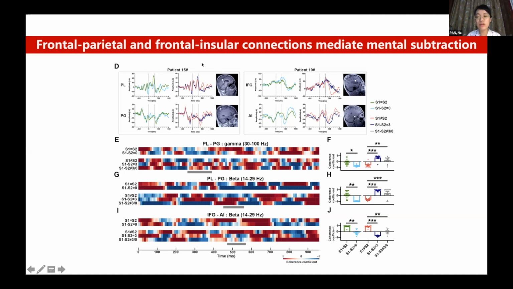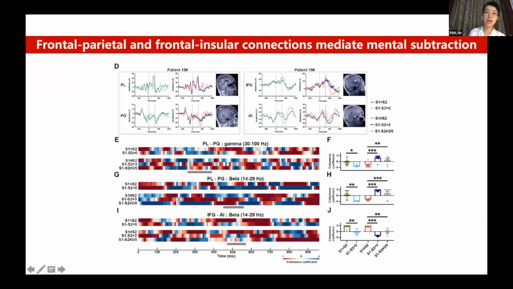In patient 15, we can find the pericentral lobus and postcentral gyrus, and in another patient, number 16, we can find the recording sites in the inferior frontal gyrus and anterior insular. Also, we analyzed the gamma coherence in the two subjects.